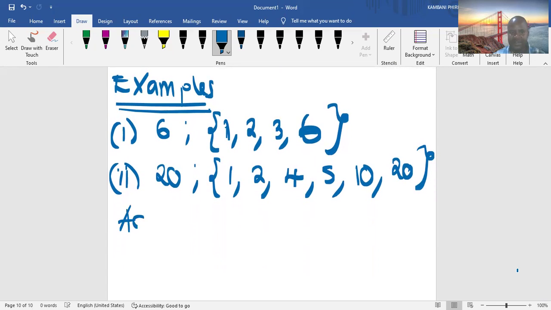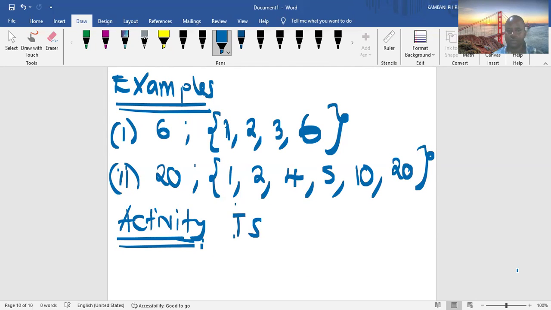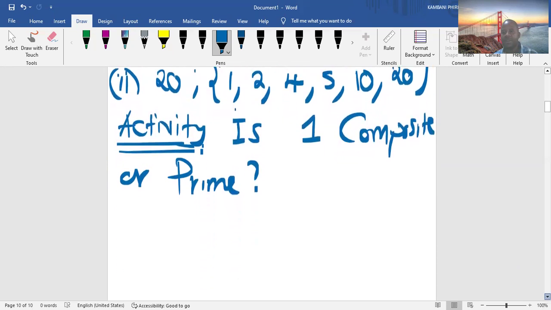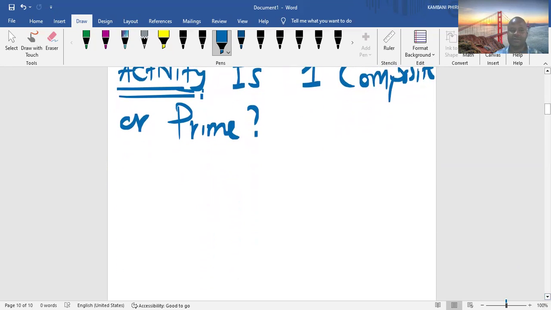Maybe I can give you an activity. You try. Is 1 composite or prime? Pause, give it a try. What is our answer?